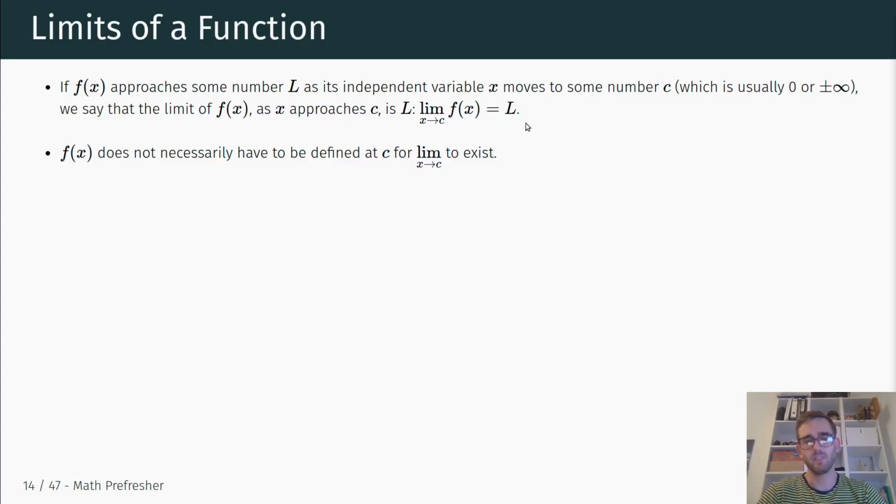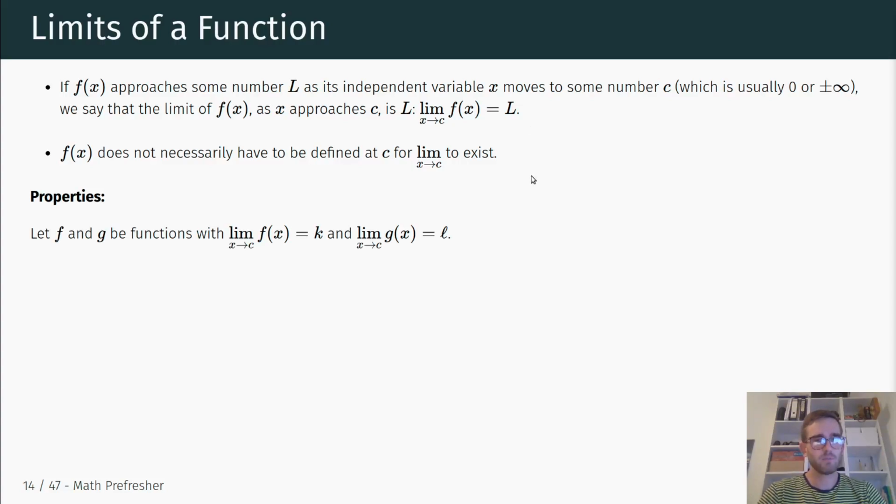So for example, when we have a function like 1 over x that is not defined at x equals 0 because you can't divide by 0, we can still find the limit of x approaching 0, both from the left side and from the right side of that function. There are a couple of important properties of limits.